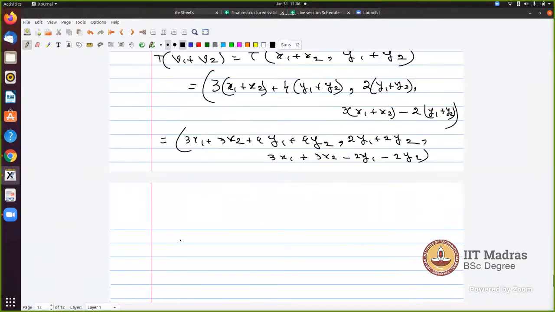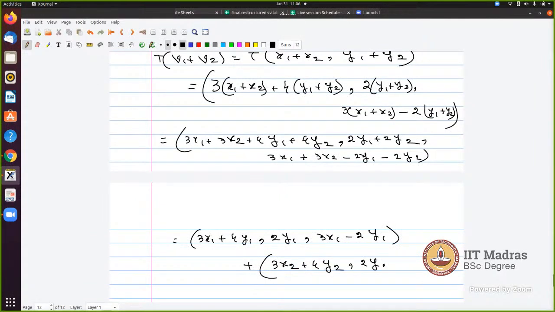And this we can write as 3x1 plus 4y1, 2y1, 3x1 minus 2y1, plus 3x2 plus 4y2, 2y2, 3x2 minus 2y2. Is this portion clear? Because if you add these two, the addition is coordinate-wise addition, usual addition.